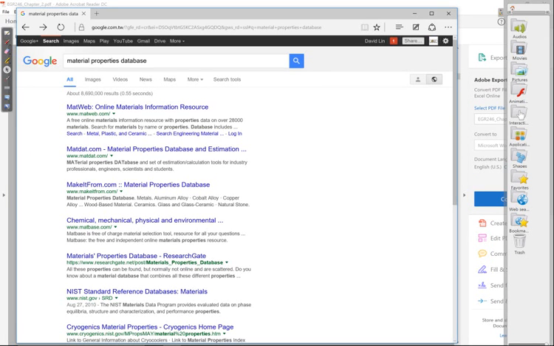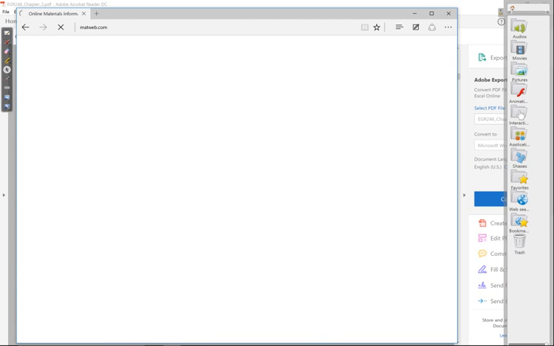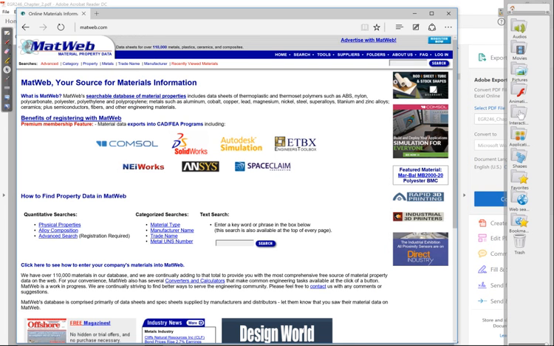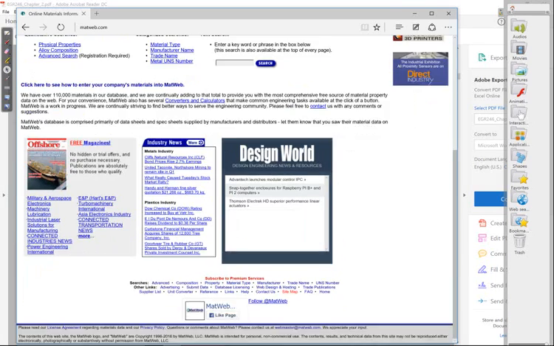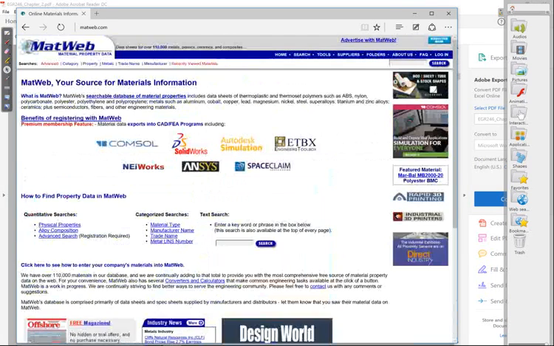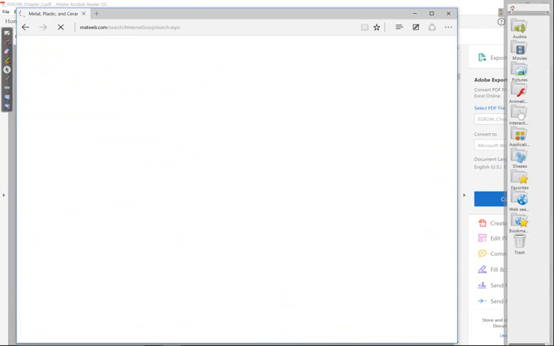So this first one seems pretty good, right? Properties data on over 28,000 materials. So let's click on that. Let's look under material type.